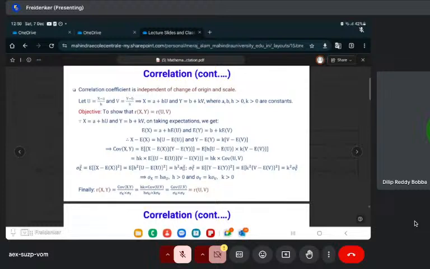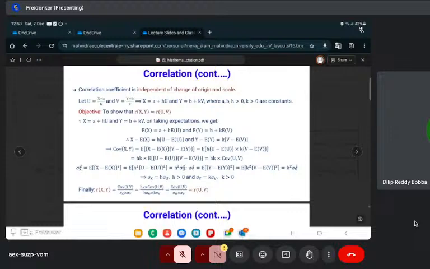So they took u as x minus a by h and v as y minus b by k, and they tried to find the correlation of u and v, given that we know the correlation of x and y. No, I think it's the opposite. What is given, what is not given here? Whatever it is, either that correlation is given or this one is given.